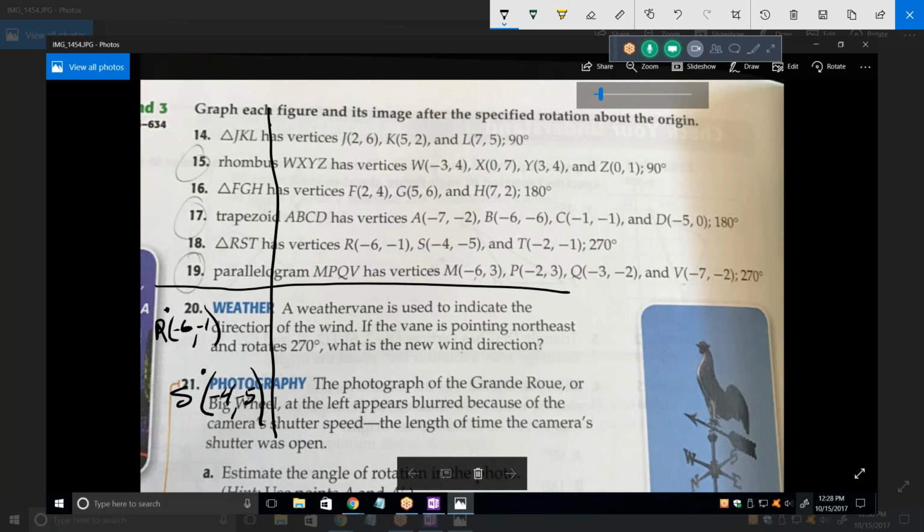And finally T, which is at minus 2, minus 1. So that's right about there. That's T, minus 2 comma minus 1. And our triangle is like that.